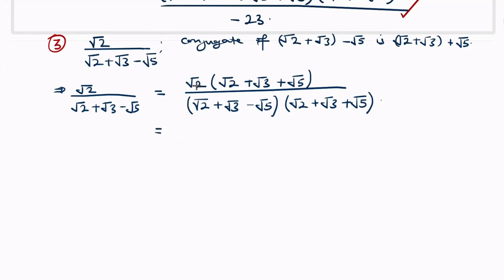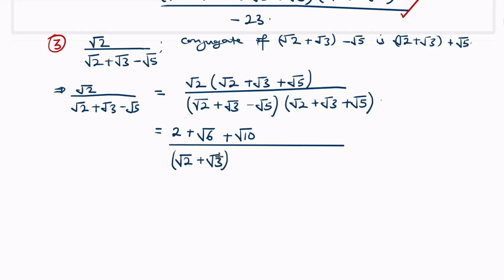So we have the square root of 2 multiplied by the square root of 2, which is 2, plus the square root of 2 multiplied by the square root of 3, which is square root of 6, plus the square root of 2 multiplied by the square root of 5, which is square root of 10, divided by, since we treat the denominator as a difference of two squares, the square root of 2 plus the square root of 3, the whole of it squared, minus the square root of 5 squared.